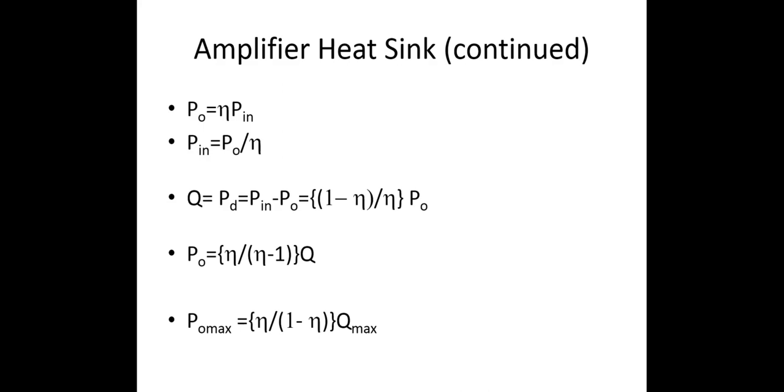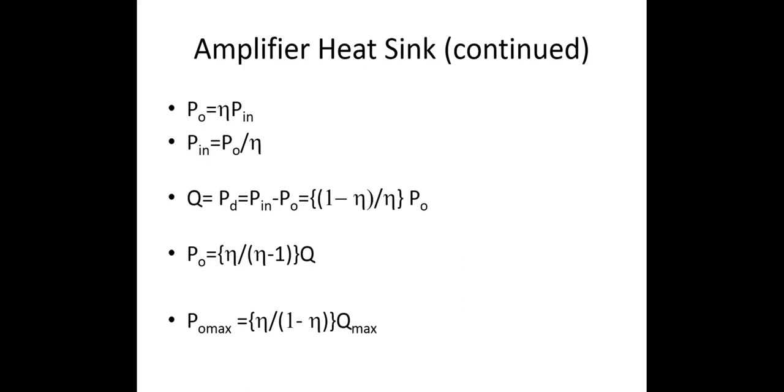So now one final note on the relationship between the maximum power handling capability of a transistor and the maximum allowed heat dissipation. We can write P naught in terms of Pin and eta, as you can see, and then we have the heat dissipation, which is equal to the difference between the input and output power, as a function of efficiency and P naught.